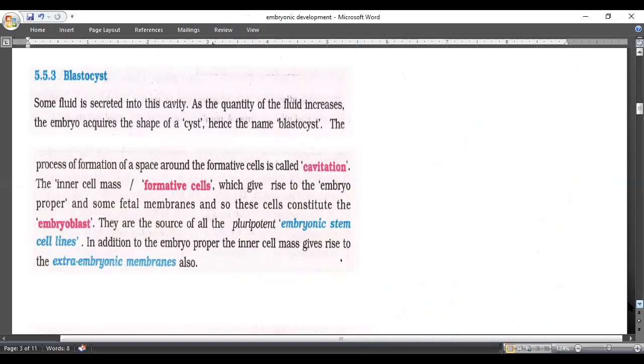So what have we learned till now? The zygote divides into two cells. That kind of cleavage is said to be holoblastic, equal, radial, indeterminate cleavage.